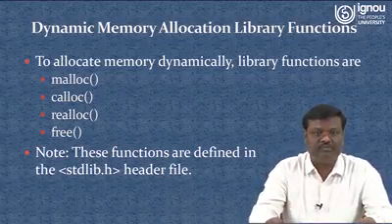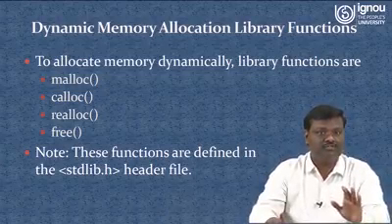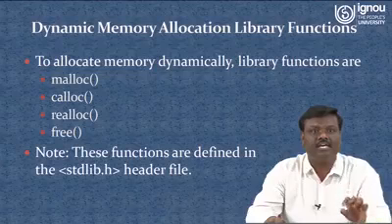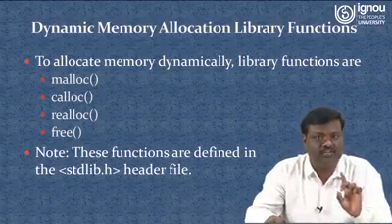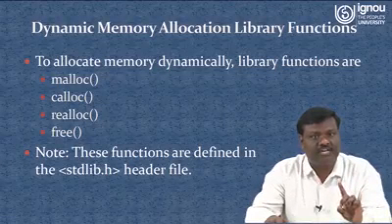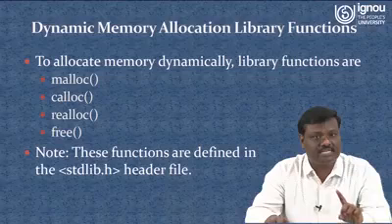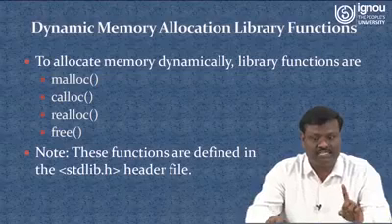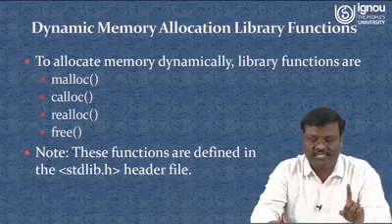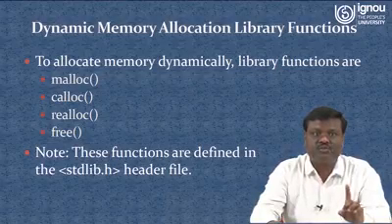One by one we will see, but whenever you want to use these dynamic memory allocation functions, one thing you have to remember, the header file which you have to include is stdlib.h. This stdlib.h header file needs to be included at the header file declaration. Then only you can use these 4 functions.